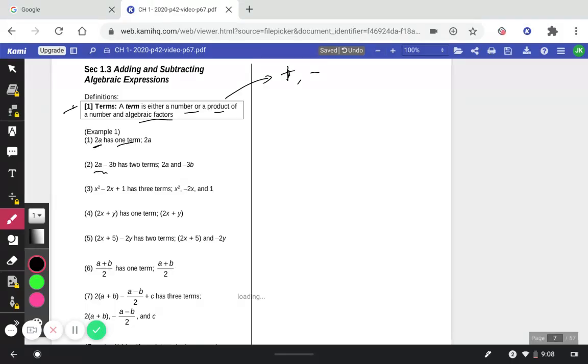But in number 2, when you have 2a minus 3b, then there are two terms: 2a is one term and negative 3b is another term, because 2a minus 3b comes from 2a plus negative 3b. That's why the two terms are 2a and negative 3b.